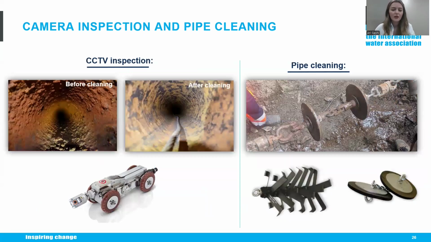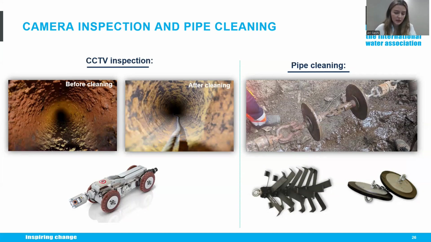So, before any rehabilitation work can start, the condition of the existing host pipe must first be assessed. So we do have a CCTV inspection, which provides information about the internal condition of the host pipe and identifies possible obstacles. The pipeline then is cleaned using scrapers and or rubber pigs, as you can see in the pictures again.